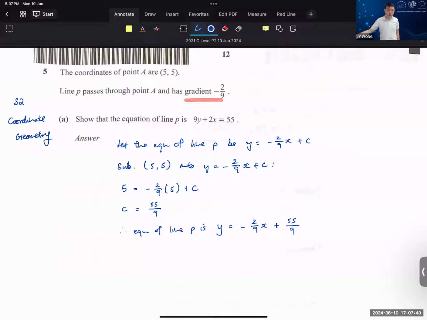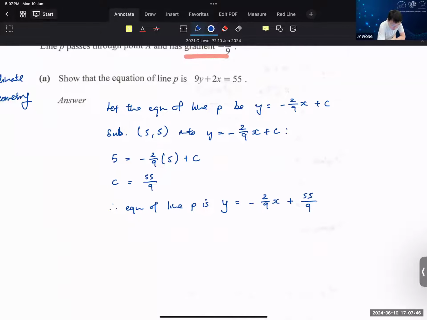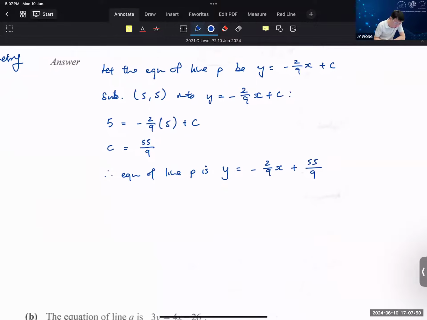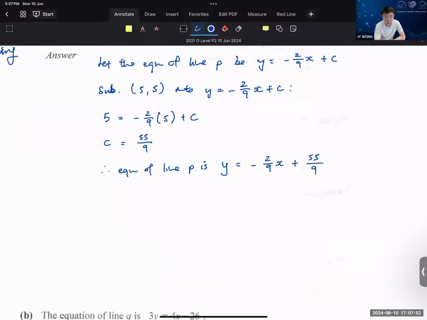But that's not what the question wants you to show. The question wants you to show it in a slightly different form. You see that the gradient has a 9 and the y-intercept has a 9, so logically the thing you could do here is to multiply both sides by 9. You will end up with 9y equals negative 2x plus 55.